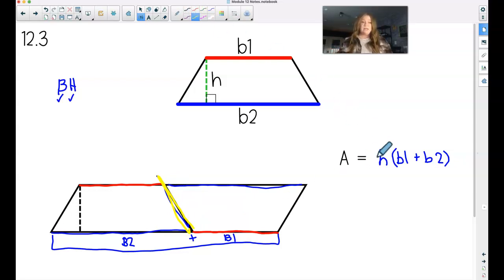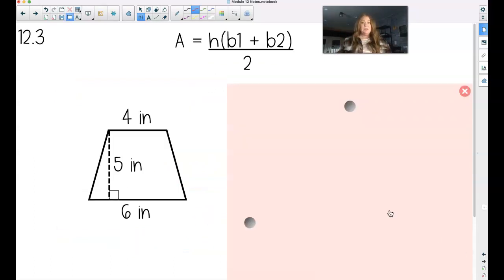So again, you can either take 1/2 of the base plus base times the height, or I can take this and cut it in half. Timesing by 1/2, dividing by 2 are going to give us the same thing. So to get our bases, we have to add them to find that entire base of the parallelogram, times the height. So this is parallelogram, but then I want to get it back to just the trapezoid, cut it in half. So let's try a few of these here using our formula.